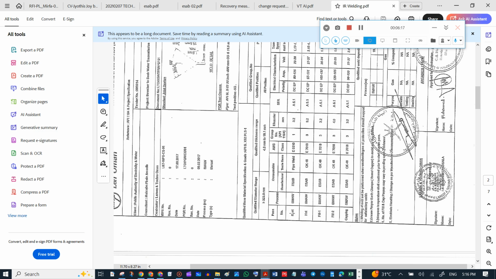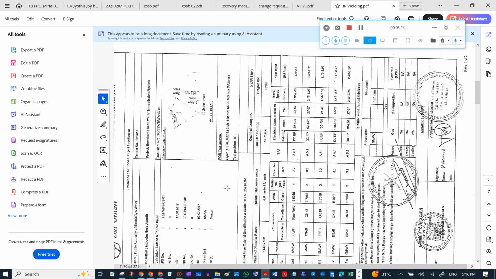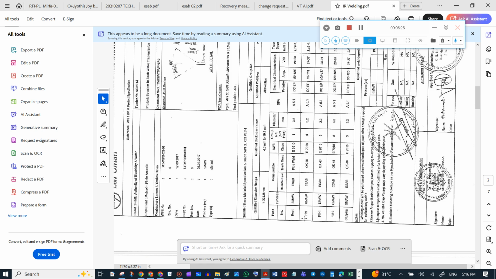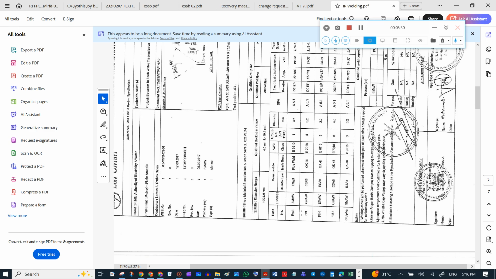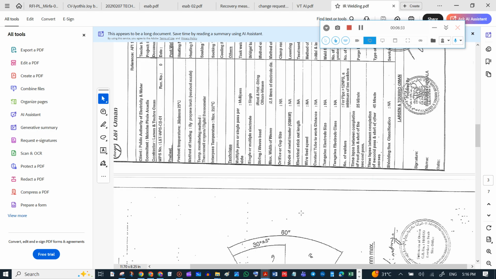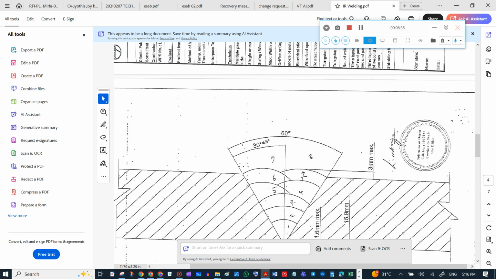That is root pass, hot pass, fill passes, and the capping layer. One, two, three, four, five.